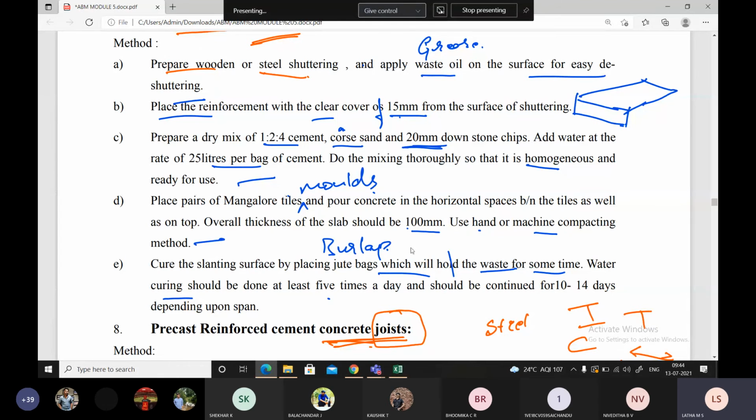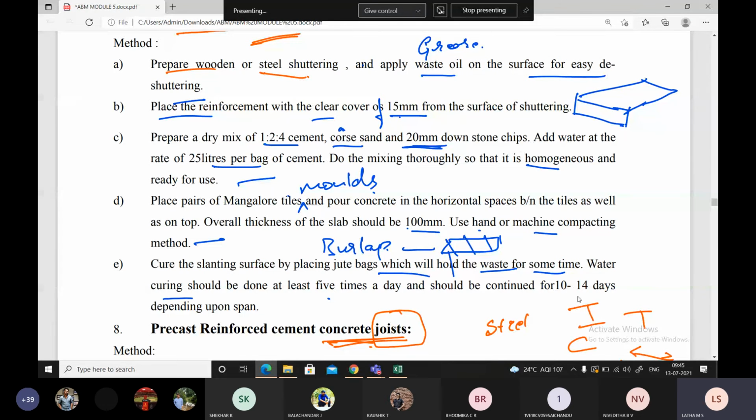Take a gunny bag, soak it in water, and spread it over the element, so it gives a small moist environment, okay? You should not put it in water, and this should continue at least 5 times a day for 10 to 14 days.